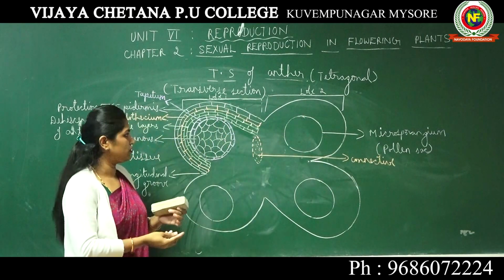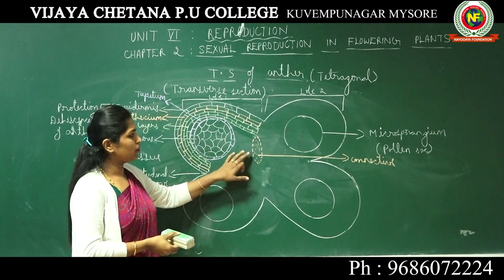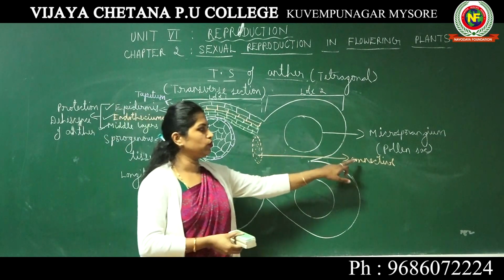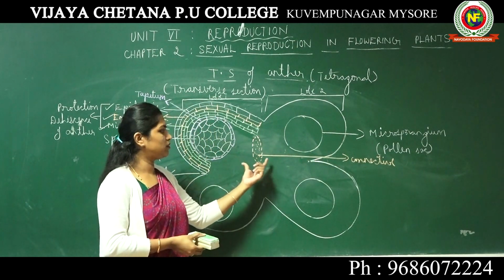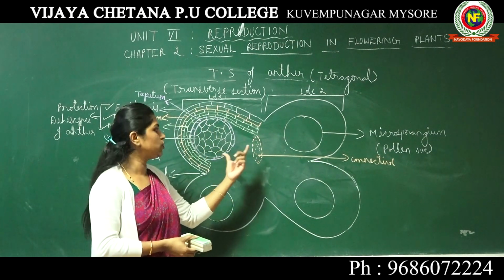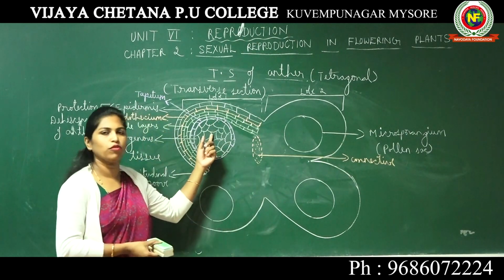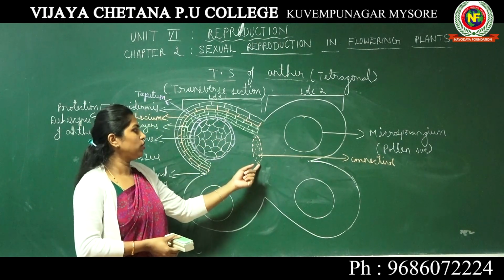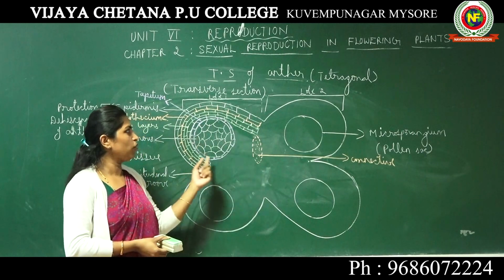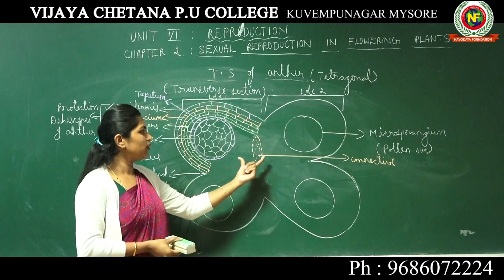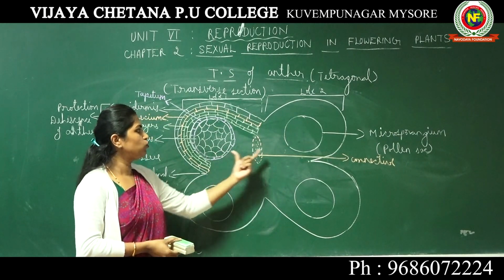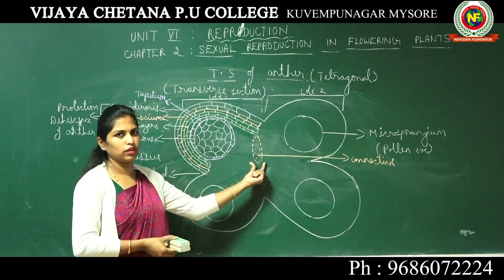Here in the center we will find another group of tissue called connective. They are nothing but sterile tissue which do not take part in spore formation. They are nowhere involved in the formation of pollen grains. They are a kind of special tissue. The function is to keep the two lobes in close association.